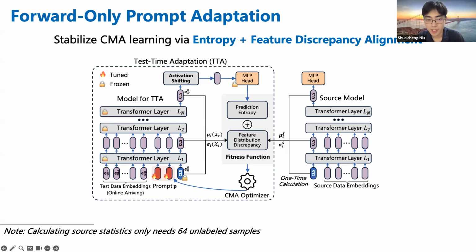Once the source mean and variance are calculated, we keep them frozen to regularize the distance between the corresponding classification tokens mean and variance of the target TTA model to align with the source mean and variance. With this designed fitness function, our FOA can optimize prompts via covariance matrix adaptation strategy stably during a long-term online TTA process.